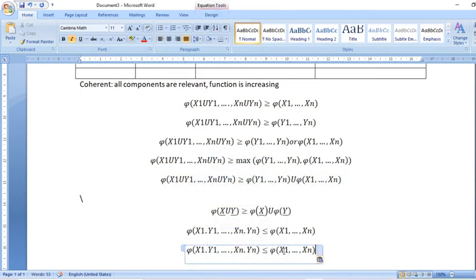Similarly, we can write in terms of yi. Simultaneously, the left side is less than or equal to phi of x1 to xn, and the left side is less than or equal to phi of y1, y2, etc., yn.